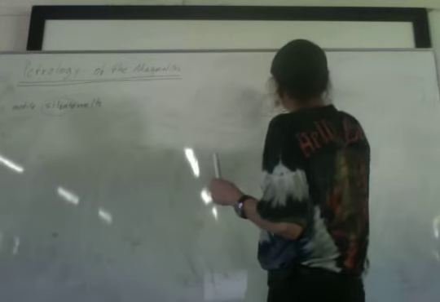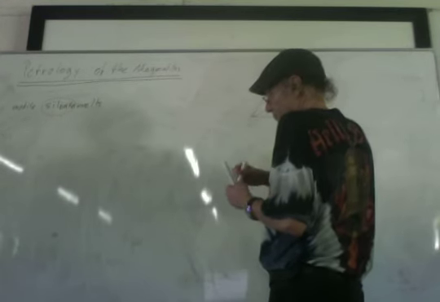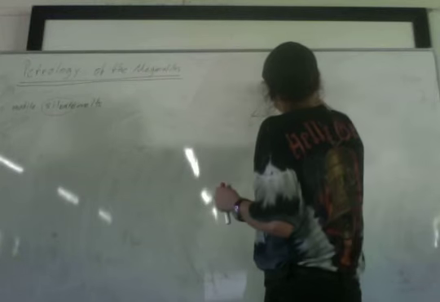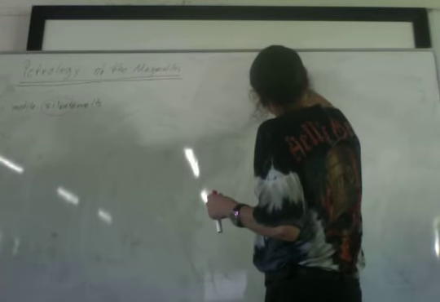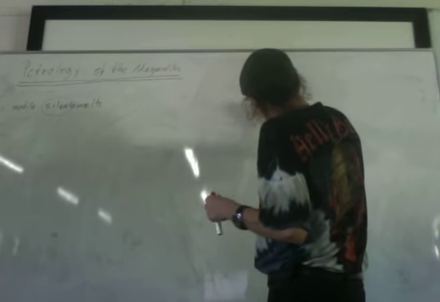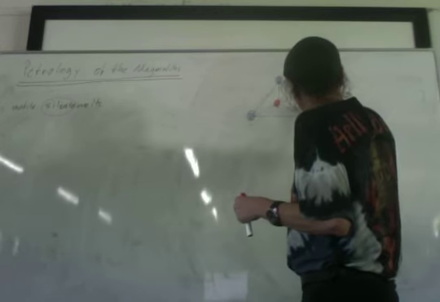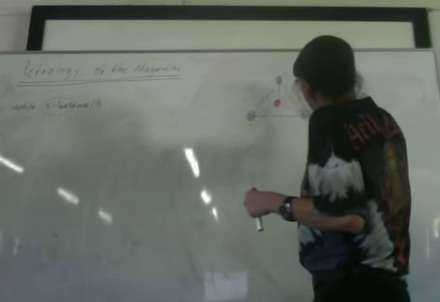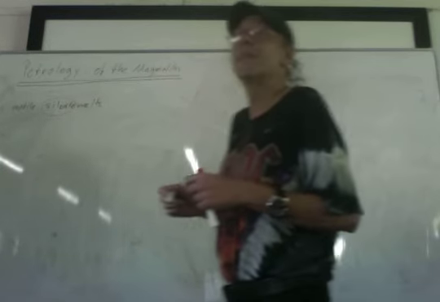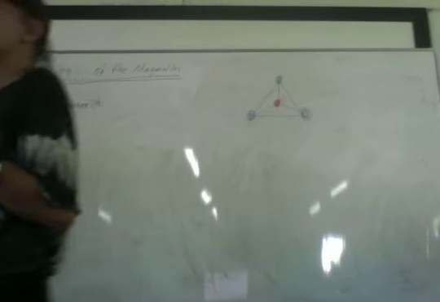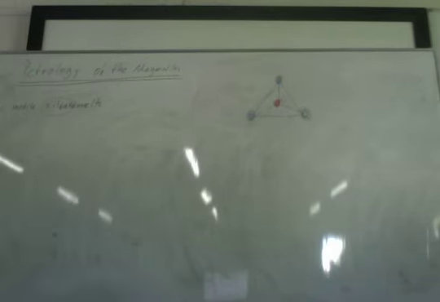Outside of the tetrahedron we make these blue bubbles, which are the oxygen. If we have a melt which has a lot of silica inside, then we have a lot of tetrahedrons inside.